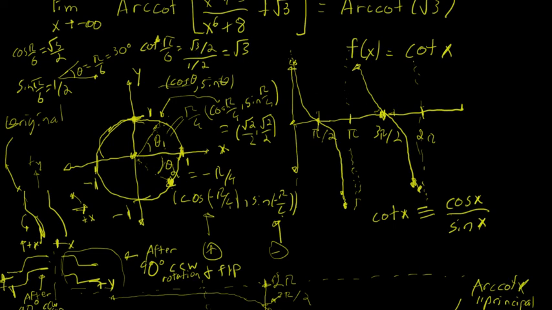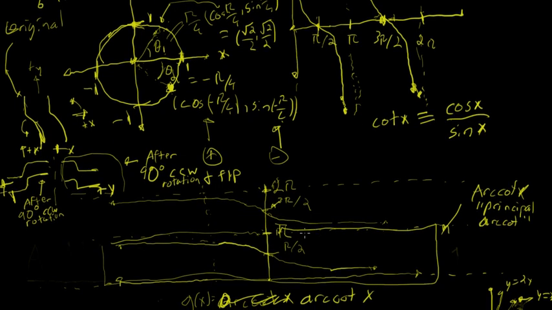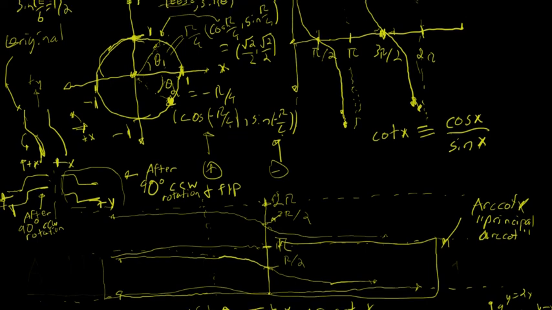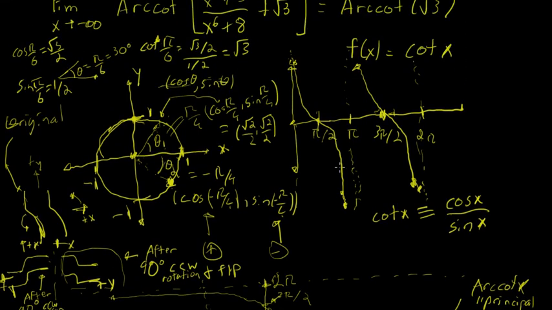And I say principal because we are restricting ourselves to the region between y equals 0 and y equals pi on arc cotangent, or x equals 0 and x equals pi on the cotangent function.